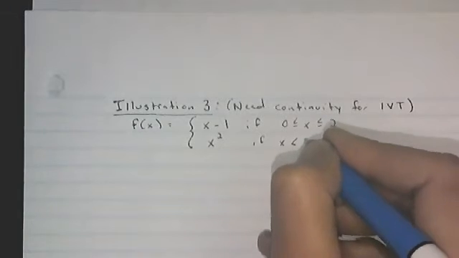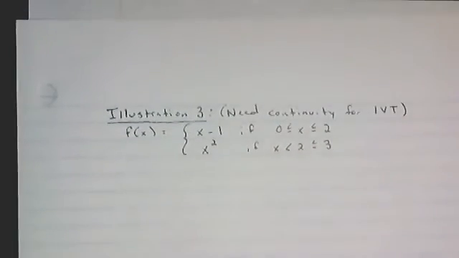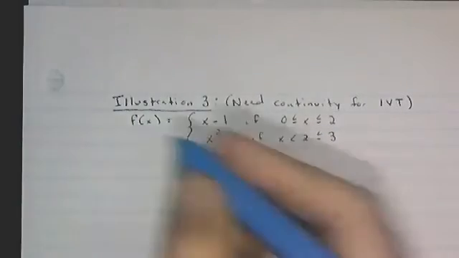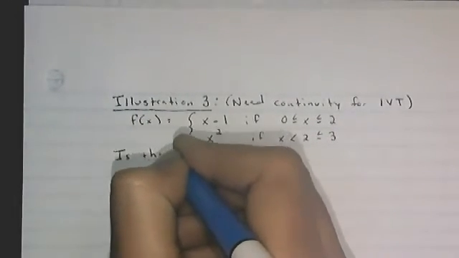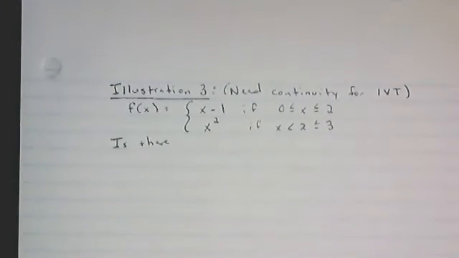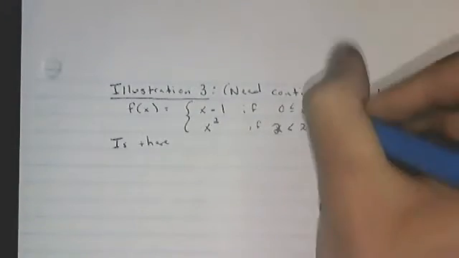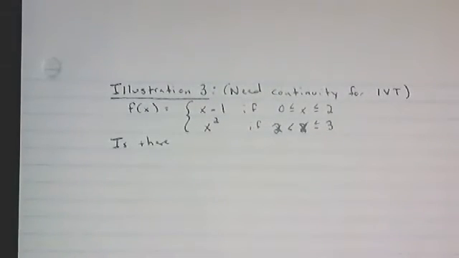So greater than 2, less than or equal to 3. Oh, dyslexia, sorry. This should be 2 is less than x, which is less than or equal to 3.